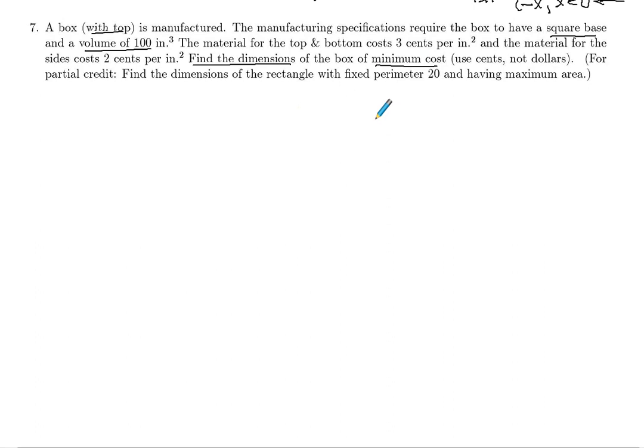So we want to minimize cost. Well, let's draw our box here first. So here's the base of the box. Well, if we sketch this box, it's going to look like this. Alright, let's try that again.